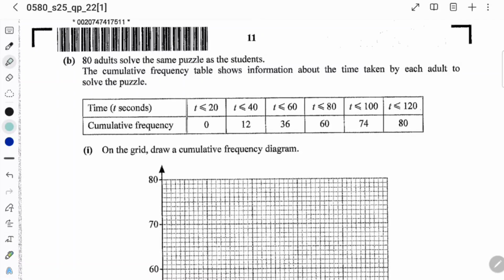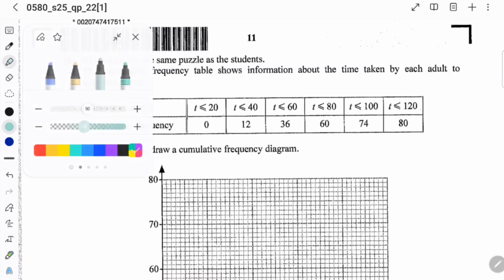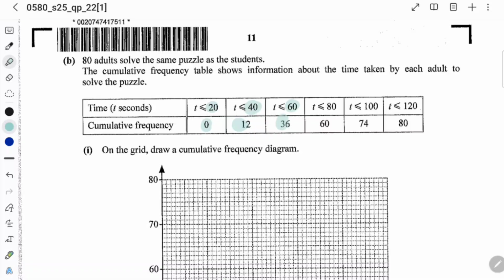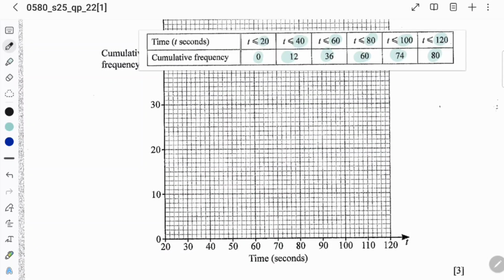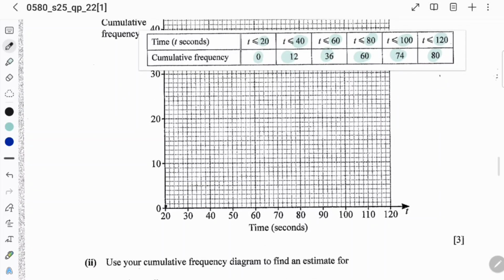We have some points here. T less than 20 is 0. We'll plot these and draw the curve. So the first point is 20, 0. This one here, and then 40, 12. We have 10 boxes in between, so each box is one number. So 40 and 12 here. And then 60 and 36.